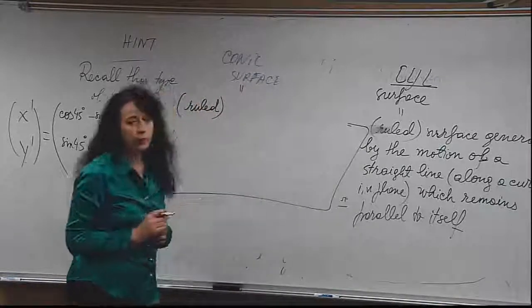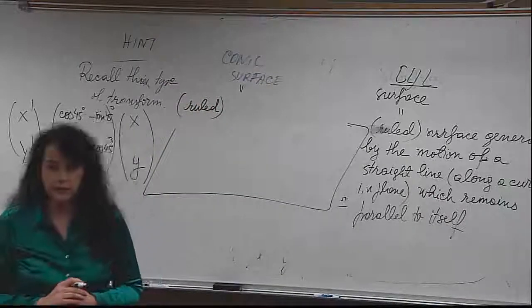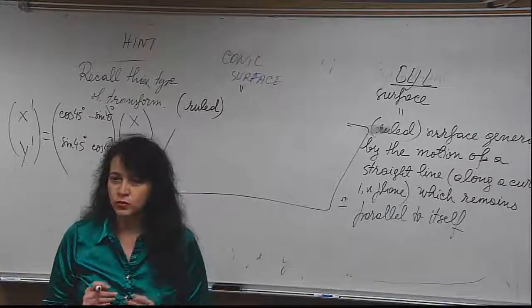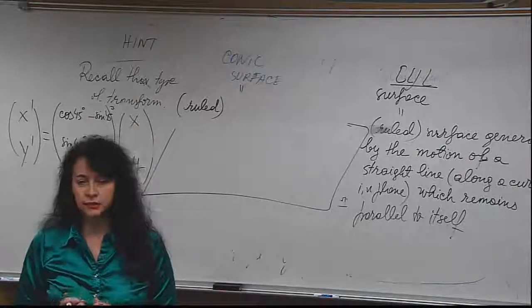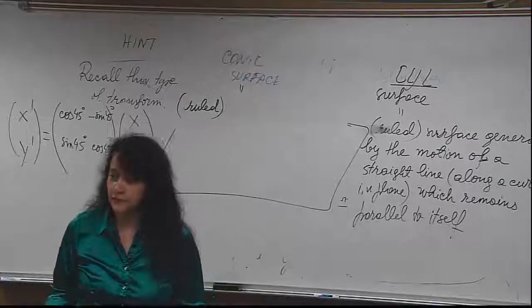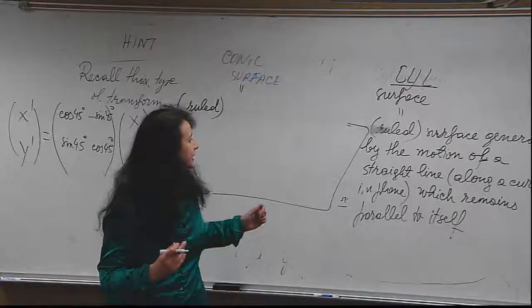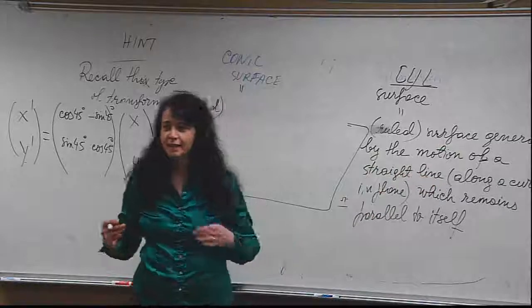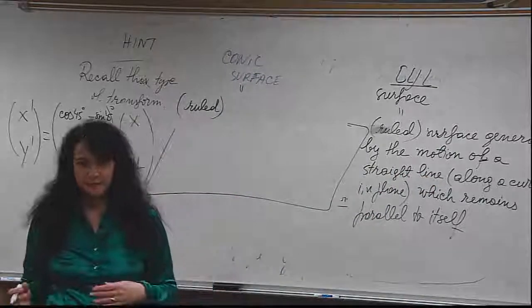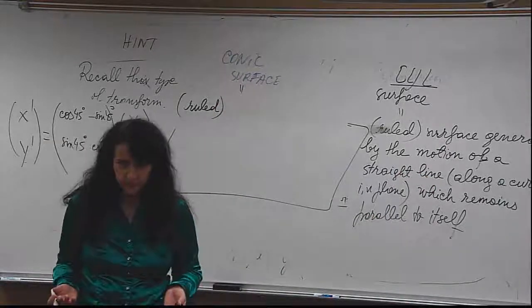Why do I put ruled in parentheses? Because it's a little bit like an oxymoron. What's a ruled surface? It's a surface generated by the motion of lines. So since I already say that it's generated by the motion of a straight line, saying it's ruled is saying the same thing twice.